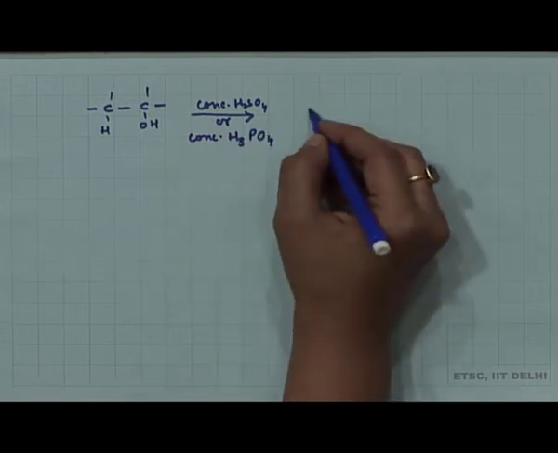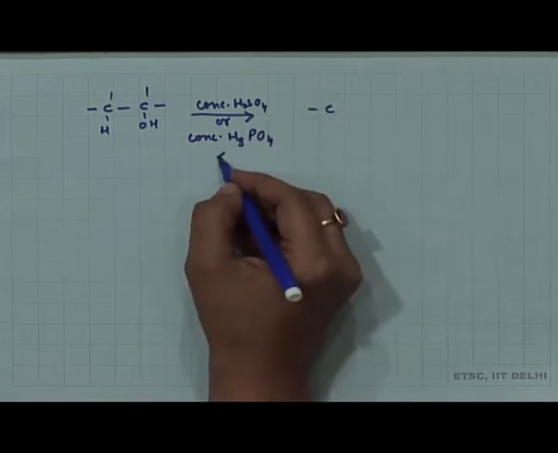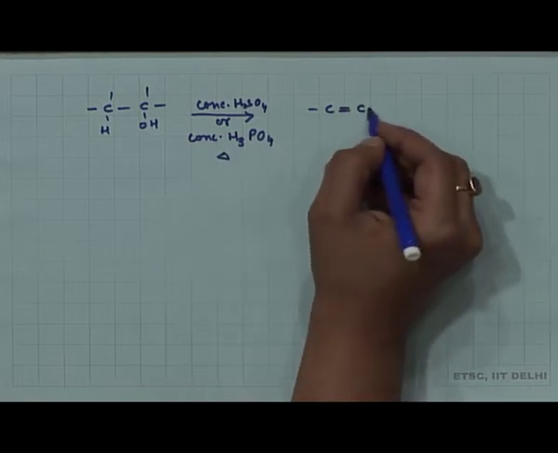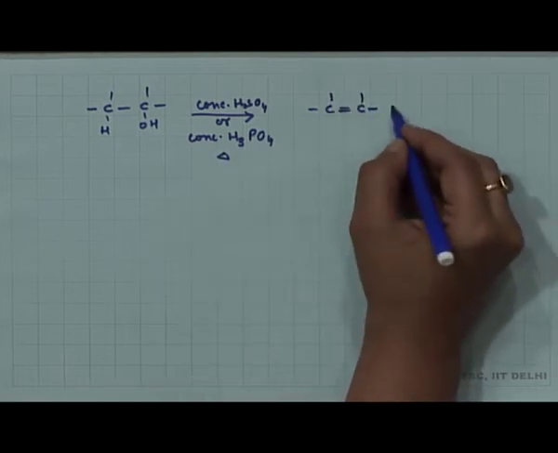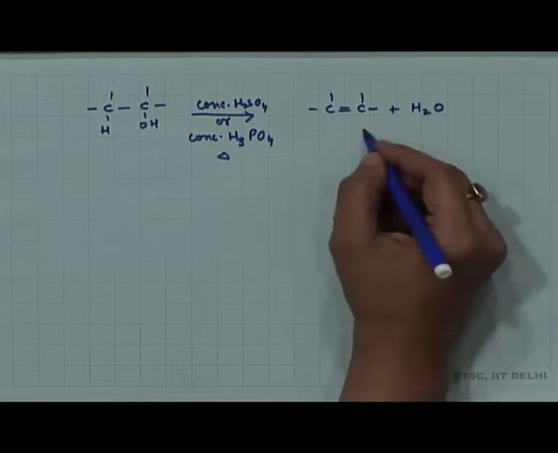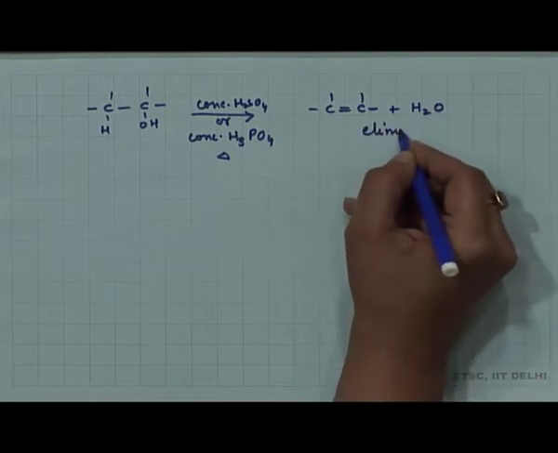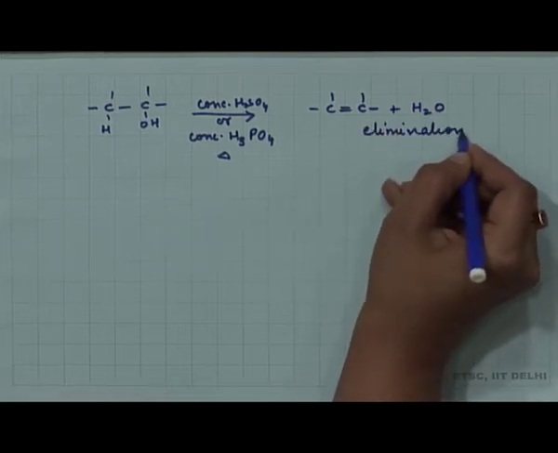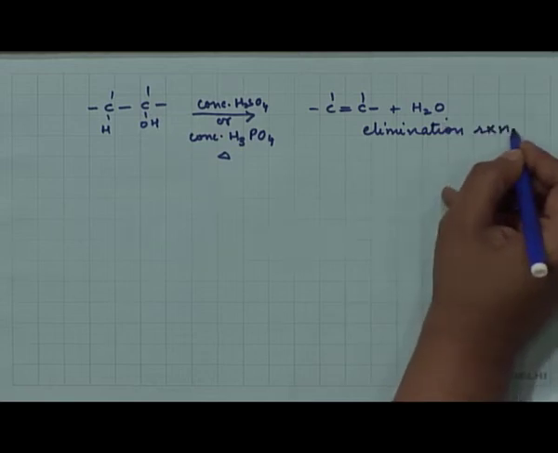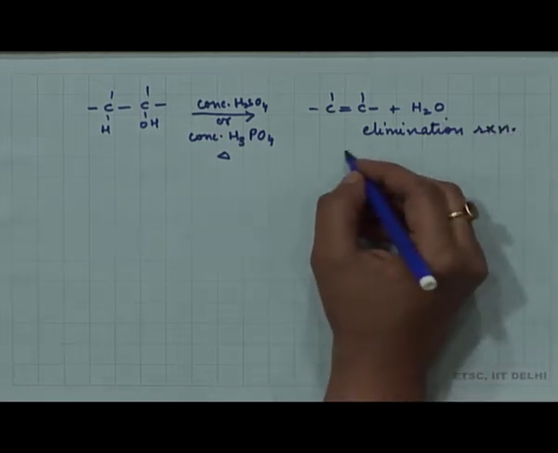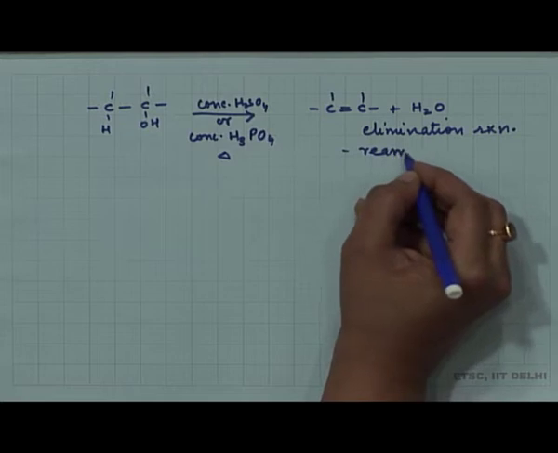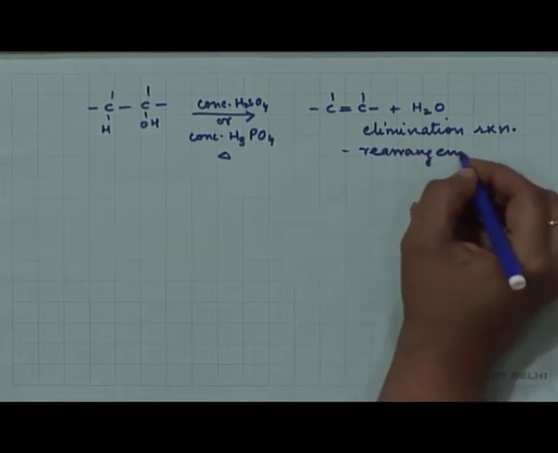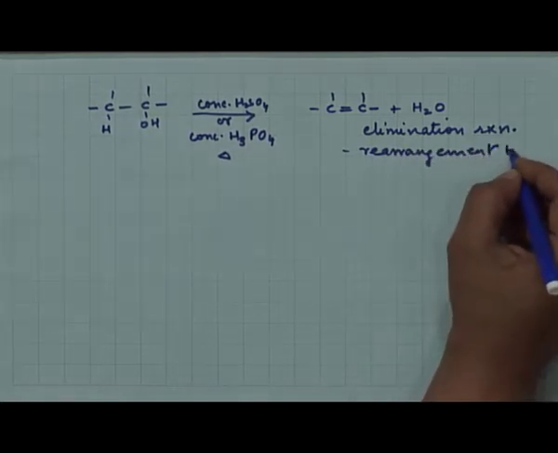So, these are the dehydrating agents, and you heat it. This reaction is nothing else but a type of elimination reaction. So, it is an elimination reaction of an alcohol, and this can involve a rearrangement if it goes via the E1 pathway.